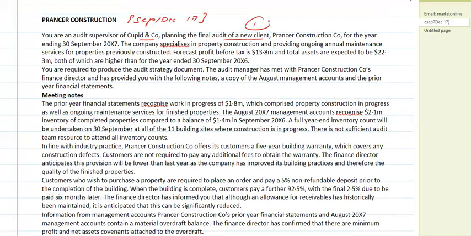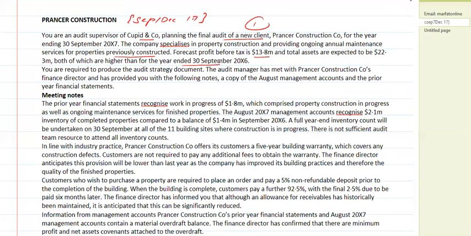The year ending 30th September 2007. The company specializes in property construction and providing ongoing annual maintenance services for the properties previously constructed. Forecast profit before tax is 13.8 million and total assets are 22 million. Both are higher than the previous year. This is given for the calculation of materiality, but we do not do that in the F8 exam.